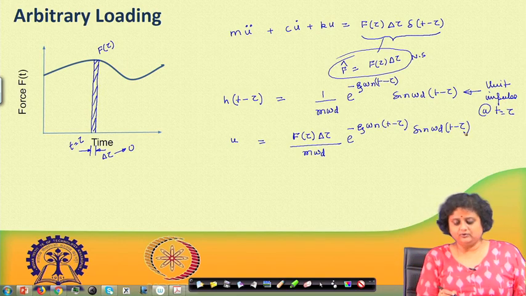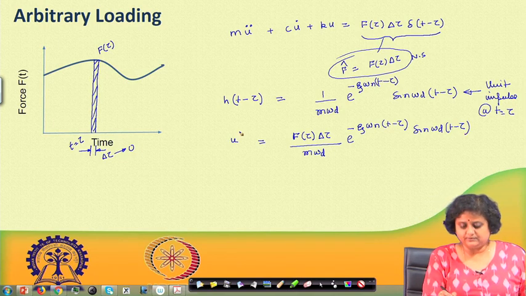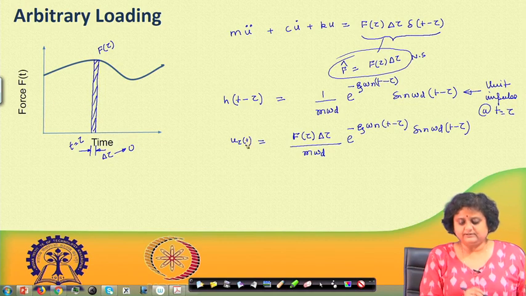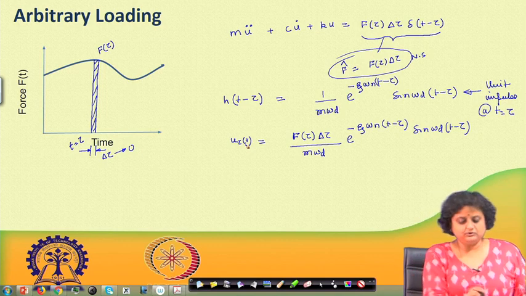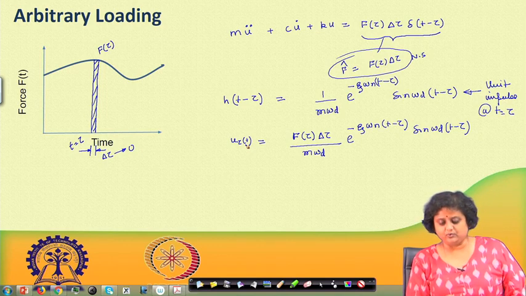This is going to be the response of the system. Let me call this u tau of t. That is the response of this single degree of freedom system due to this thin slice of the load.